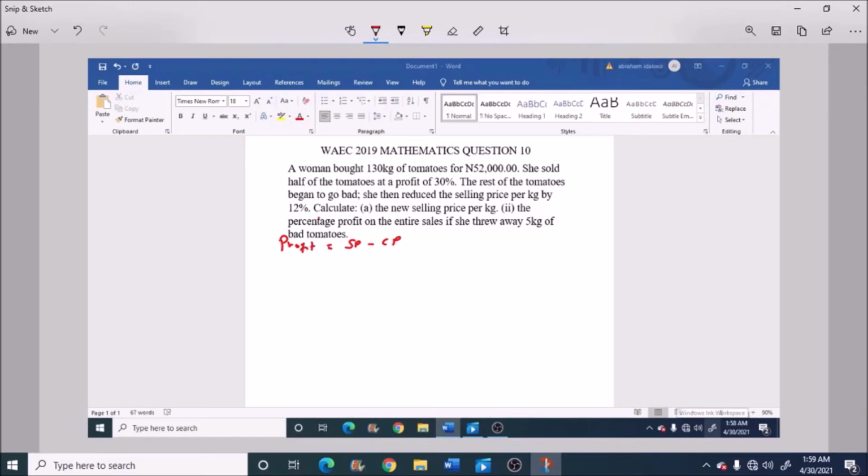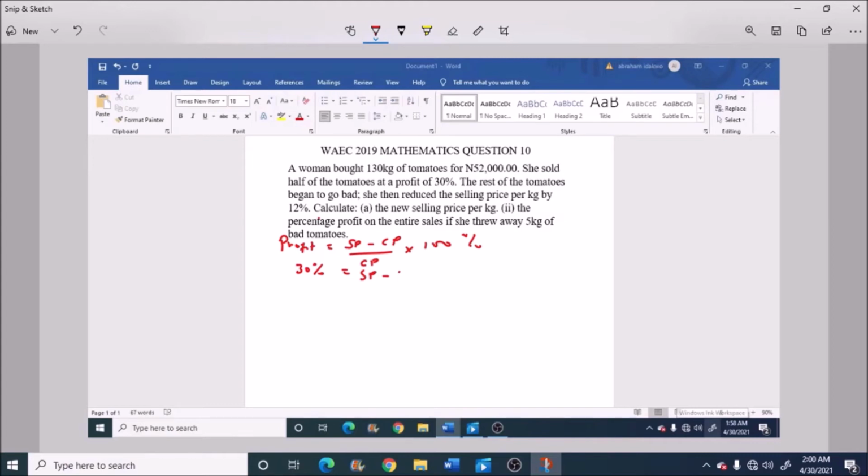So percentage is 30%, is equal to selling price minus 26,000 over 26,000 times 100 over 1.